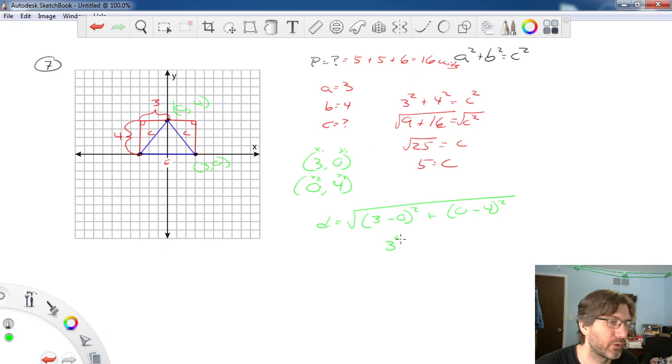This is your 3 squared. And this is, well, this is technically negative 4 squared, but again, once you square it, it's going to get rid of that. So negative 4 squared and 4 squared are the same thing. But I guess we'll put it like that, and you'll note you get your 9 plus your 16, which is right there. We're taking the square root of these things. Equals your distance. So distance here is going to equal the square root of 25, and distance still equals 5.